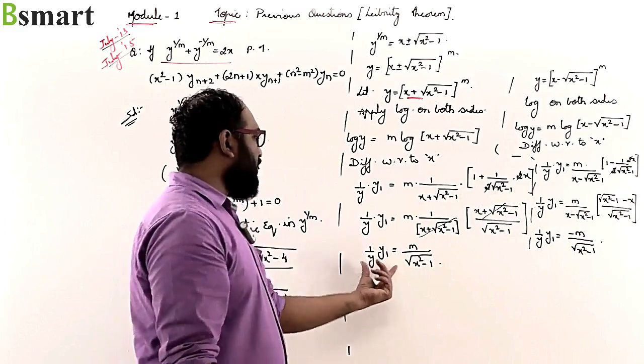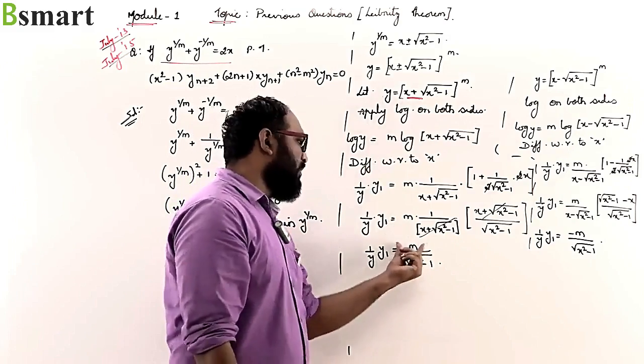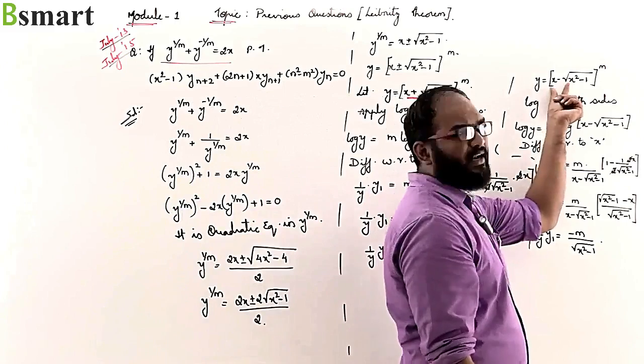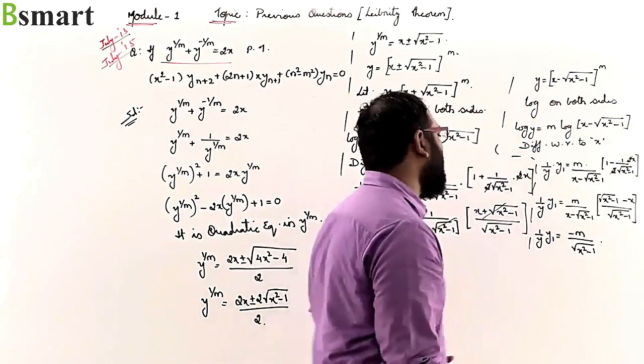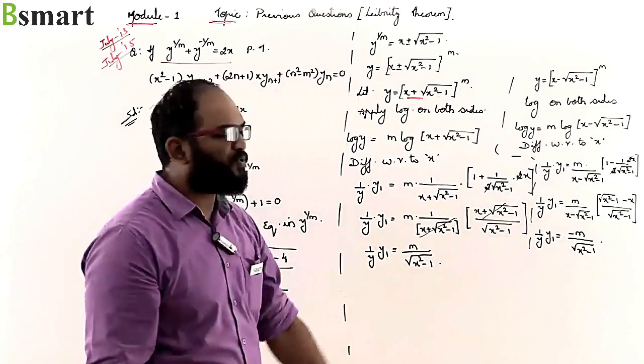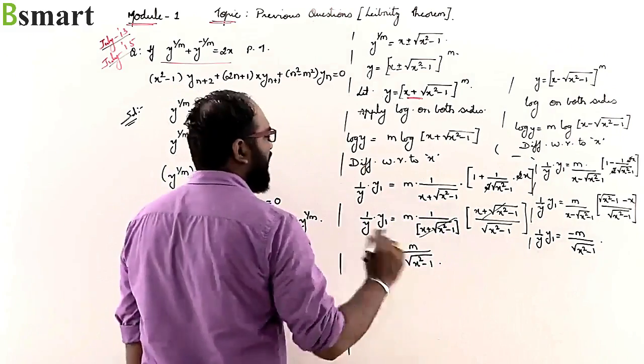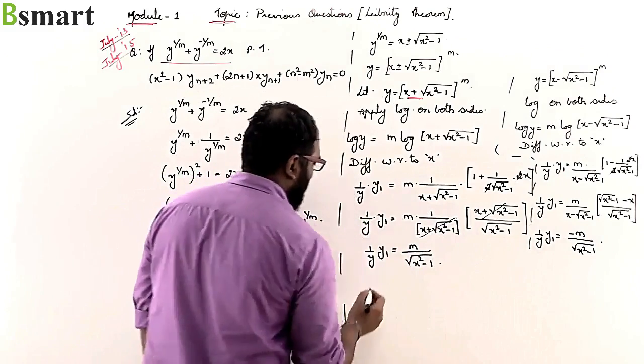Now here if we are going with plus, we are getting plus m by root over x square minus 1, and if we are taking minus, here we are getting minus m by root over x square minus 1. Now in both the cases we are getting the same. So what I'll do is I'll square it on both sides.